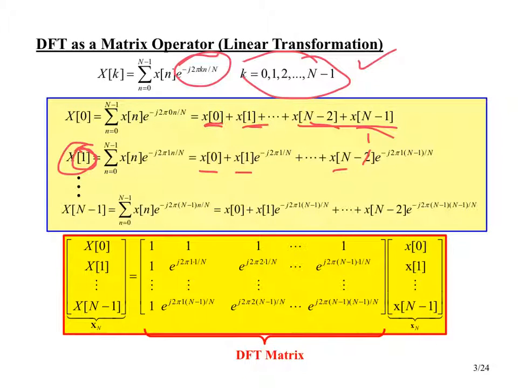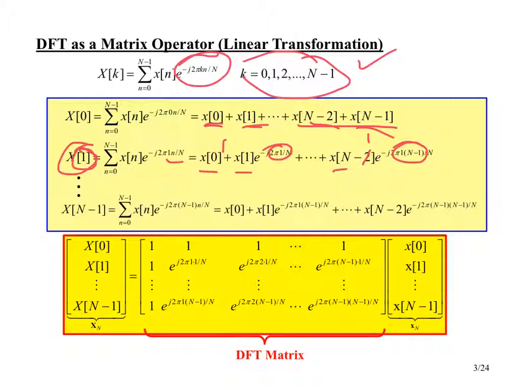So we get 1 times 0 here, 1 times 1, all the way out to 1 times N minus 1.